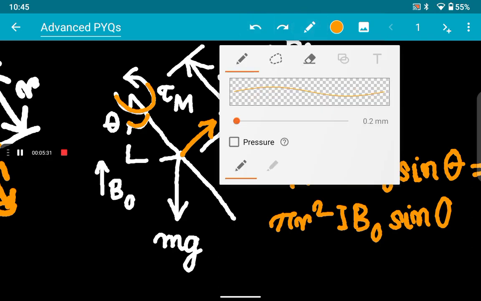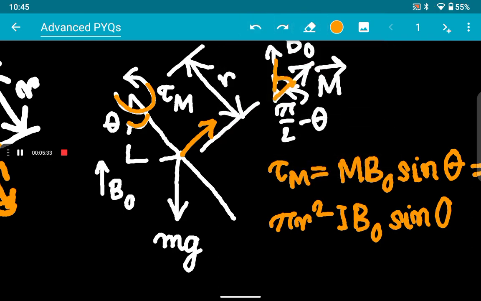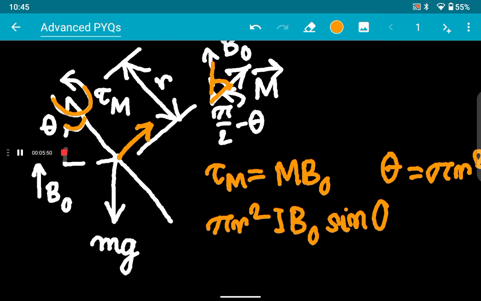I'm very sorry for that, because when you do a cross product, you get a sine term outside. The magnitude of A cross B is A into B sin theta. And so this angle is pi by 2 minus theta, so this should be cos theta actually.